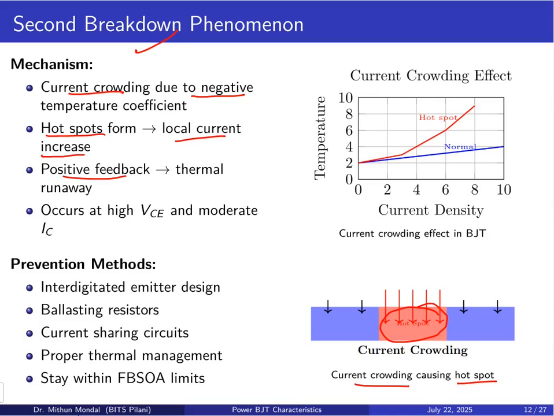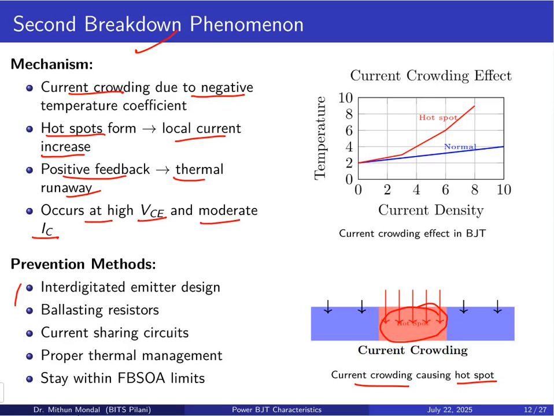The positive feedback will result in thermal runaway, and this occurs at a very high collector to emitter voltage. If you keep increasing the collector to emitter supply, the collector to emitter voltage will increase and there will be thermal hotspot formation, and that will result in the breakdown. So there will be a moderate collector current.